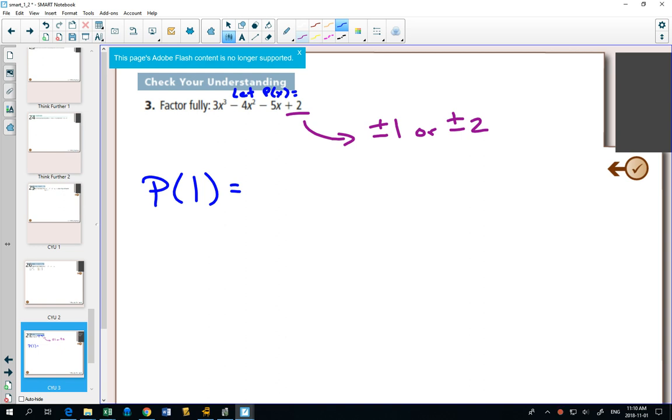If you plug in 1, can you see that you would get 3 minus 4 minus 5 plus 2? What does that equal? Does it equal 0? No. Not equal to 0. So we know that x minus 1 isn't a factor.